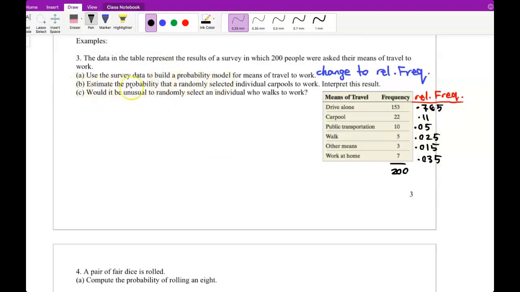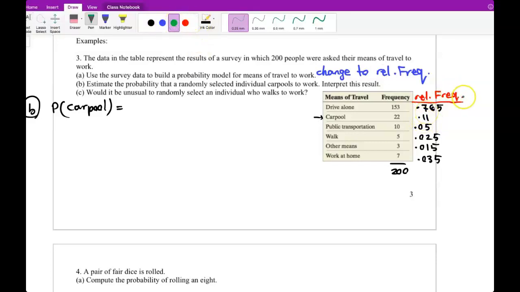Now, part B: estimate the probability that a randomly selected individual carpools to work. Here we have the probability that a randomly selected individual carpools. I'm going to use probability of carpools. Based on this table, this is carpool.